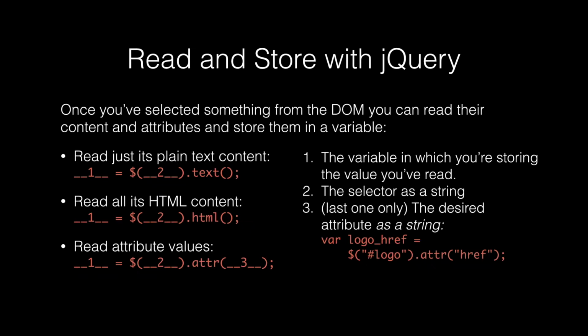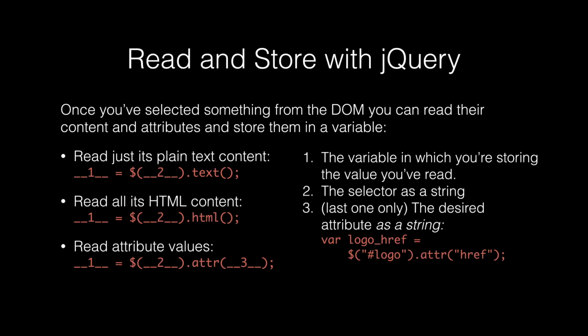So notice that in all three, we're assigning them to a variable. That's not required, but it's pretty normal. Why else would we retrieve text if we didn't want to store it and do something with it? In all three, we are selecting something using a CSS selector as a string. And in the third one only, we have this third pattern object or placeholder to pass in, and that is to name the actual attribute that we want to select.